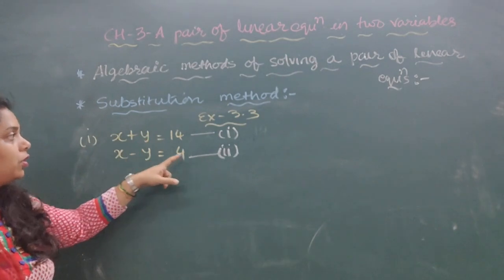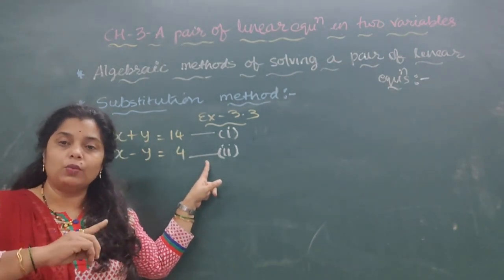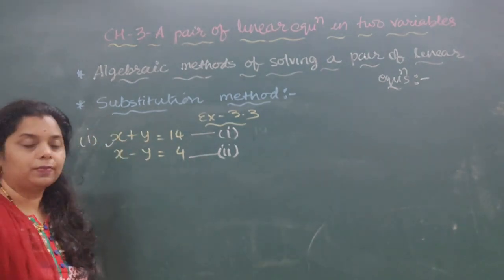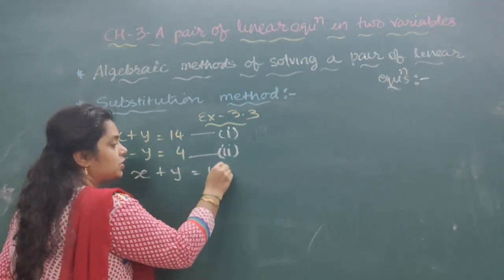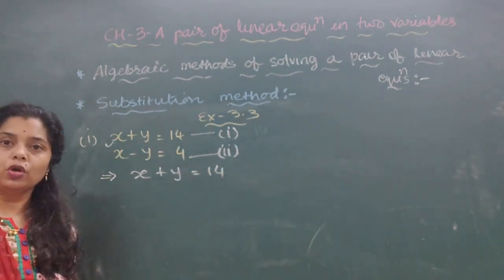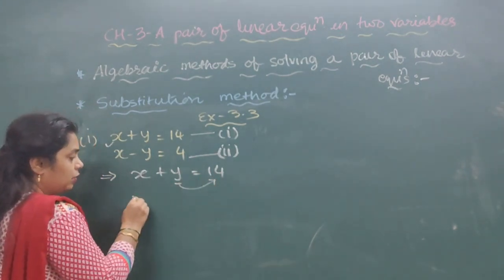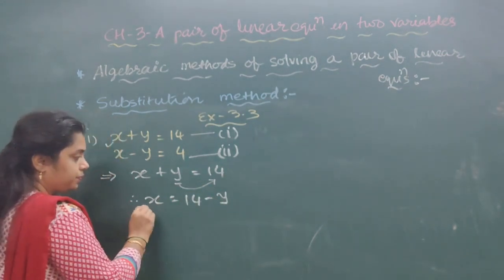First of all, you have to select any one equation to express one variable in terms of the other. For example, if I select the first one, x plus y is equal to 40. Now if I take y to the other side, it will be x is equal to 40 minus y.